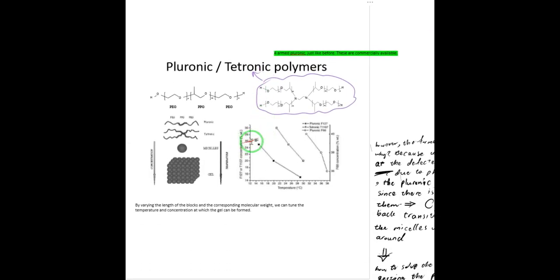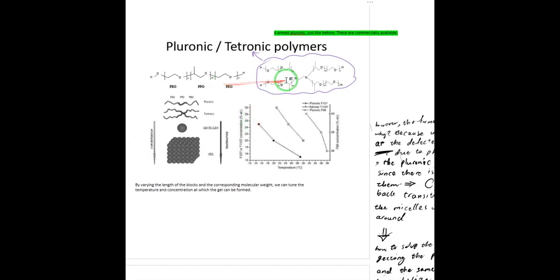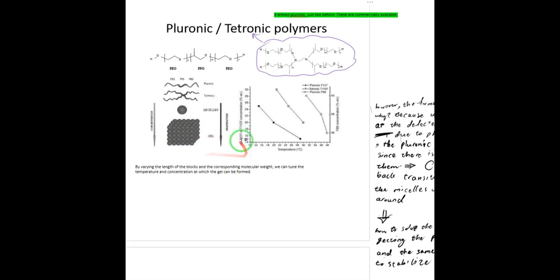Well, in this example, you see that again the pluronic polymers are used, but the difference is that they have four arms, and again they will form sort of a lattice when they form the hydrogels.